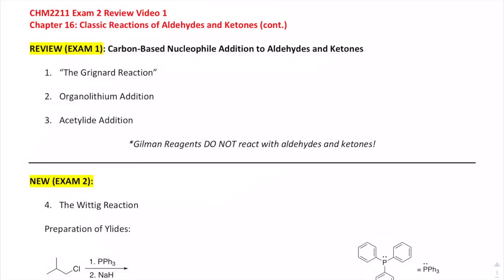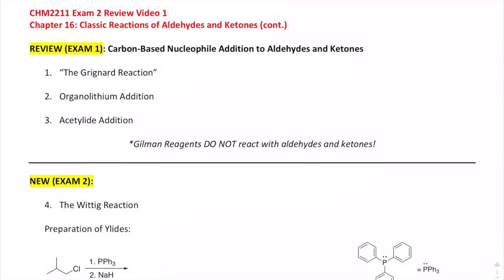So kind of just giving you some reference on where we are. Chapter 16 is all about adding various nucleophiles, such as carbon-based nucleophiles, nitrogen-based nucleophiles, and oxygen-based nucleophiles, all into these carbonyl groups, either aldehydes or ketones. In the last exam material, we talked about the Grignard reaction, which was adding a Grignard reagent into an aldehyde or ketone.